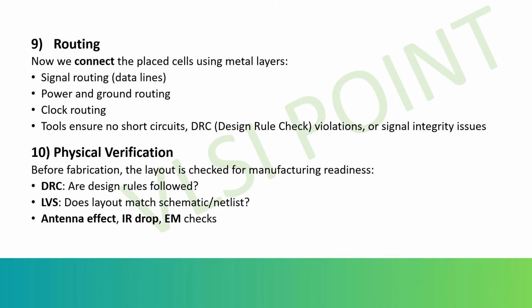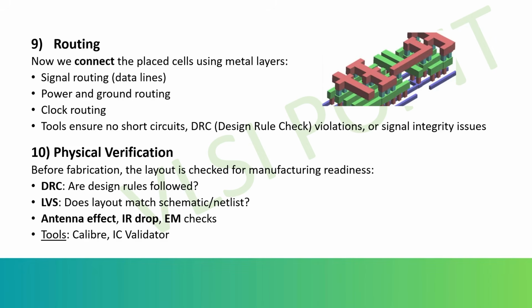Then antenna check, so it prevents charge buildup on long wires during fabrication. And finally, the IR drop or EM check, which ensures power integrity and reliability. You guys can use Mentor Calibre or Synopsys IC Validator for this step. So this is like a pre-production inspection for your chip.